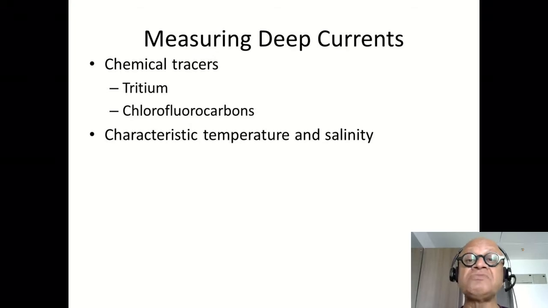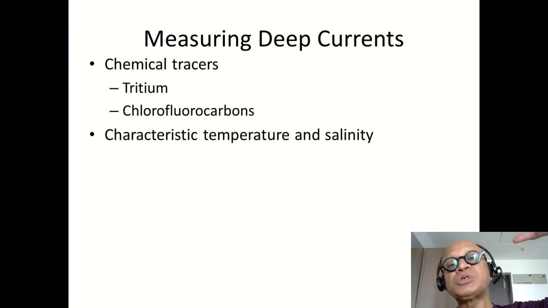That is really slow, very difficult to measure directly, but there are what are called chemical tracers. During the 50s, for example, a lot of nuclear tests were carried out in the atmosphere because we didn't know at the time how dangerous radiation was. So some radioactive material like tritium got released, which obviously got taken up by the ocean, and it is inert, and it has a flow pattern in the deep ocean.